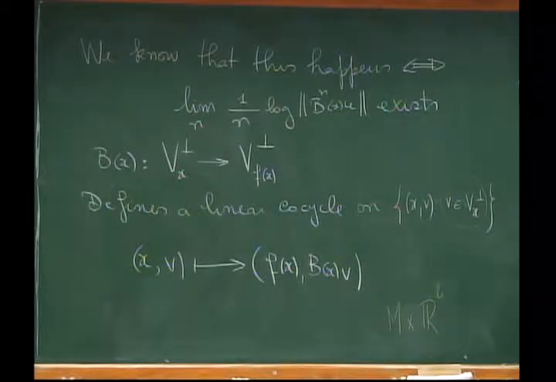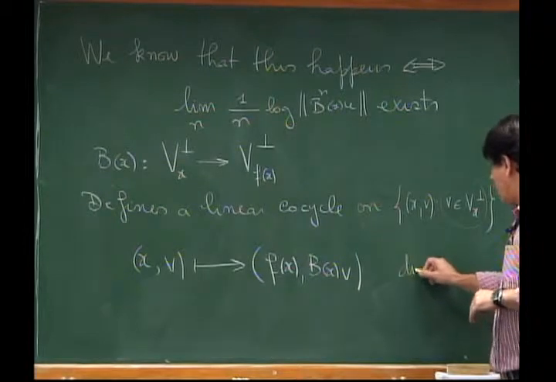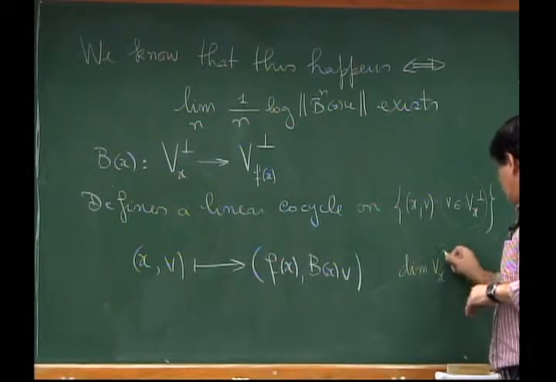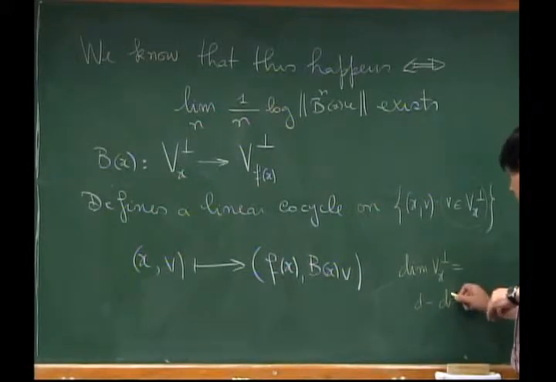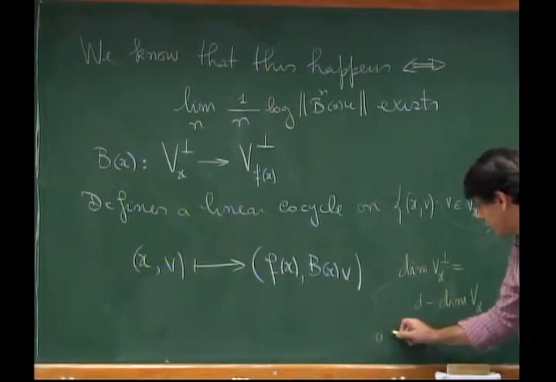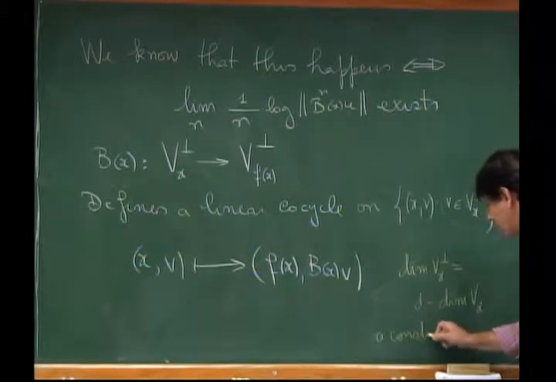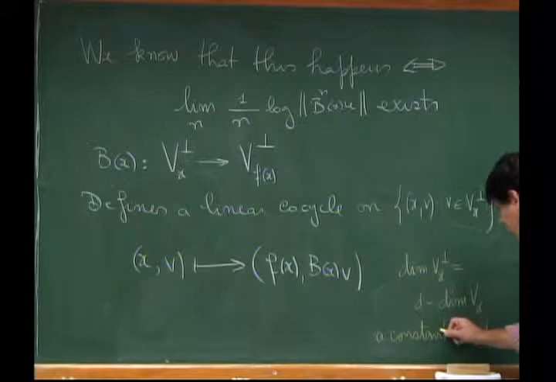One thing I know: the dimension of Vx orthogonal is equal to d minus the dimension of Vx, and this is a constant, strictly smaller than d.